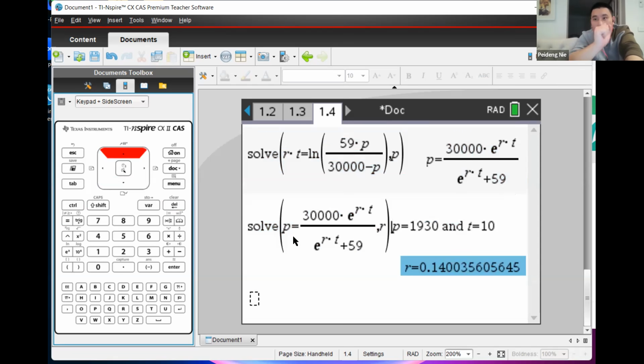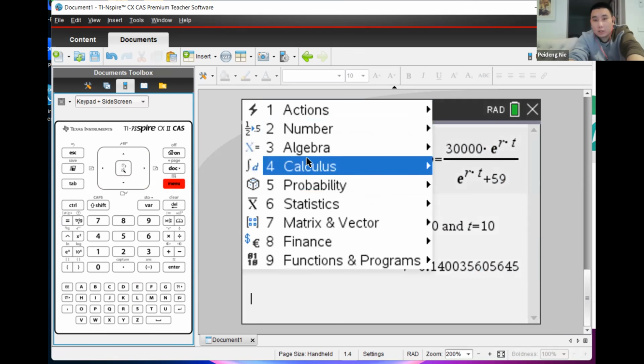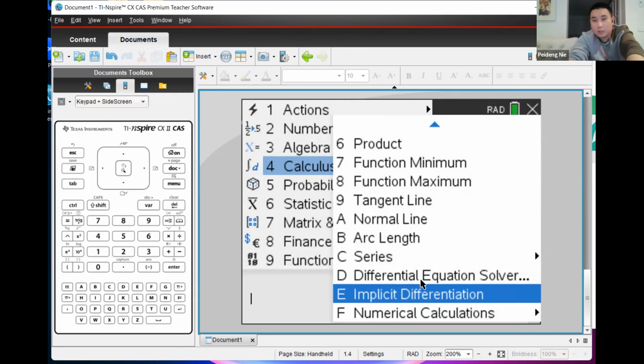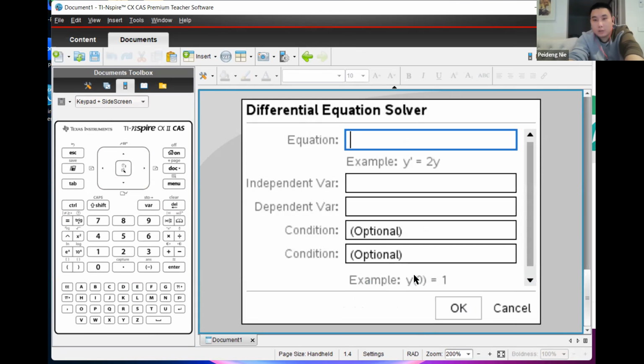By the way, to double check if you get the correct answer or not, you can go for DSolve. Menu, let's say calculus, and differential equation solver. Let's say P dash equals R times P times 1 minus P over 30000, close bracket.